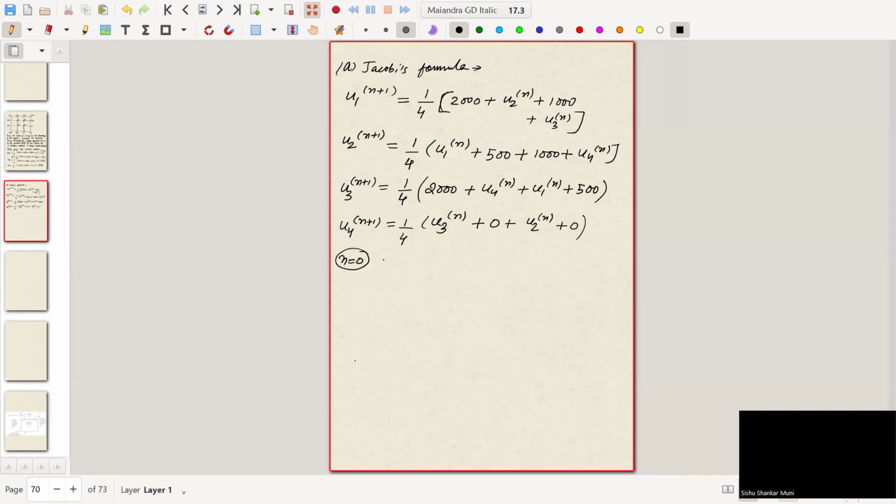Start with n equal to 0 so that you will start solving for u1, because you already know the initial guess. N equals to 0 and solve.